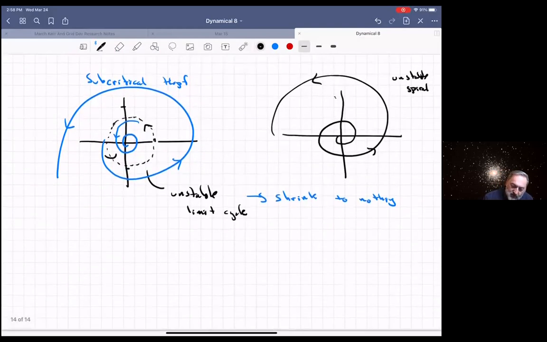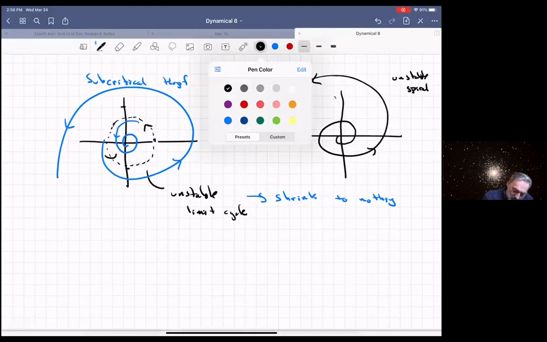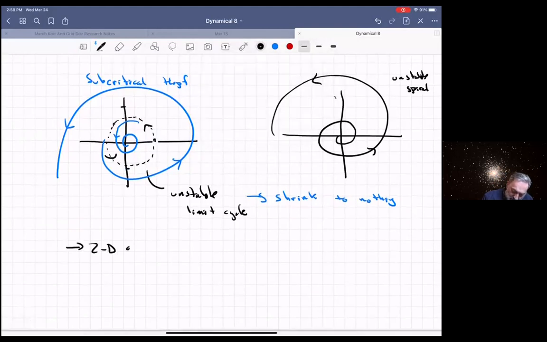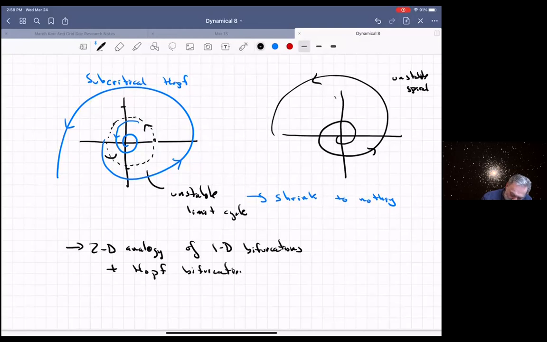All right, so these are bifurcations that all take place at one point. So the key thing to understand here is that our 2D analogs of the 1D bifurcations, plus the Hopf bifurcations, all take place at one point, right?